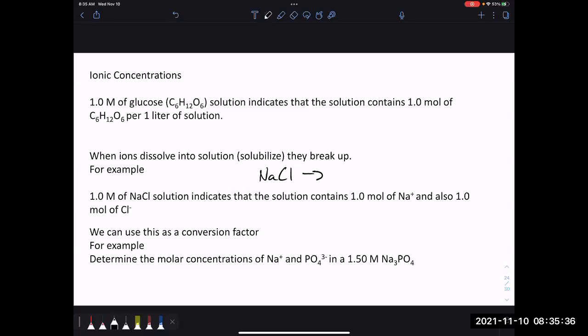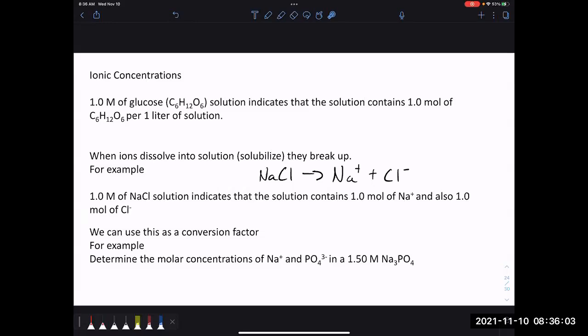When we drop that into a solution as the solid table salt, it'll break up into our sodium ions plus our chloride ions. So in this solution, 1 molar sodium chloride indicates that we have 1 mole of sodium and also 1 mole of chloride, because you need that many of each to make a single formula unit.